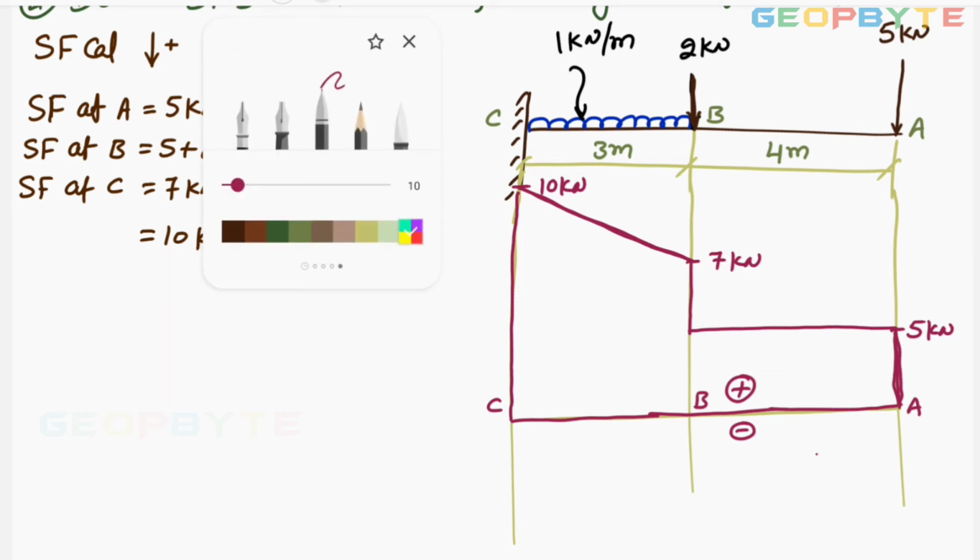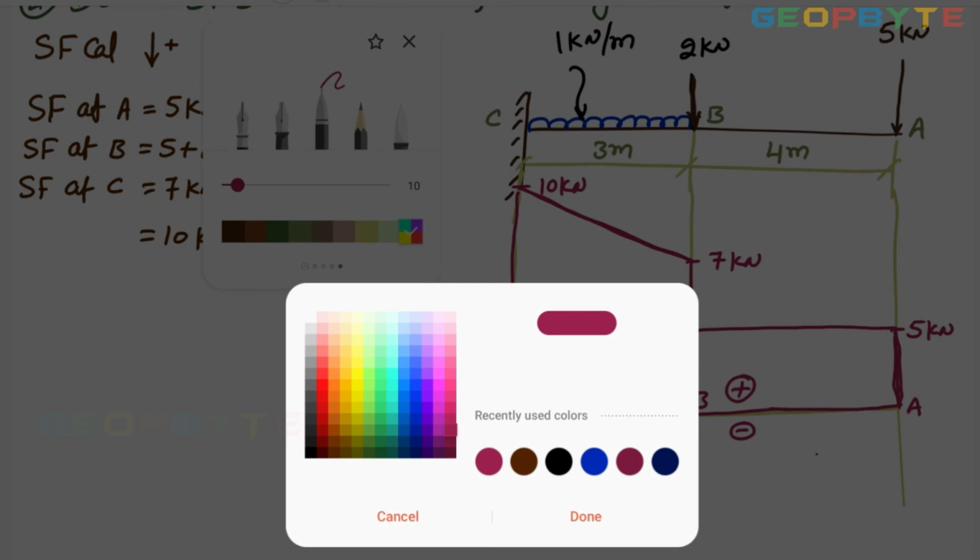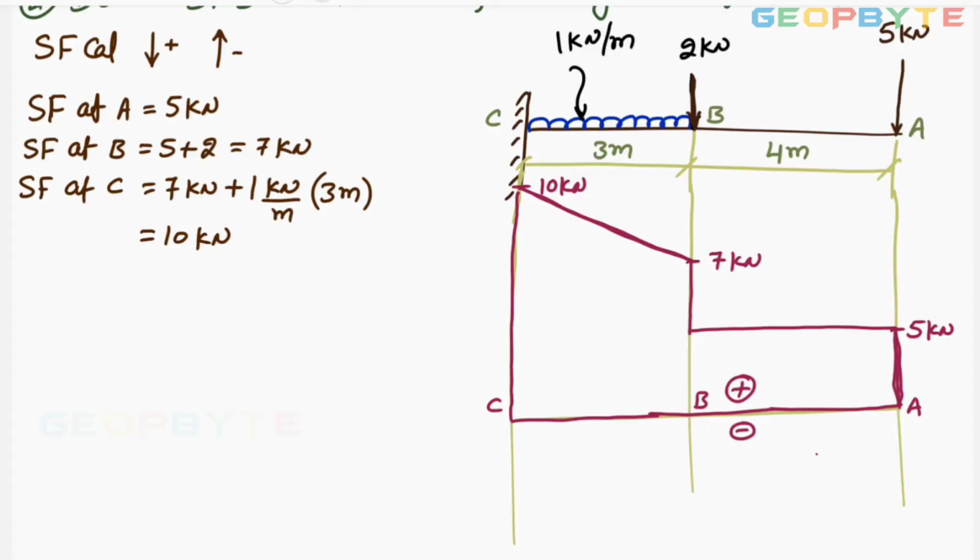Then what do you do? We have to go for the makeup. So boundary representation. This is how the boundary is represented. I hope you are all following. You are understanding very clearly. This is the shear force diagram.